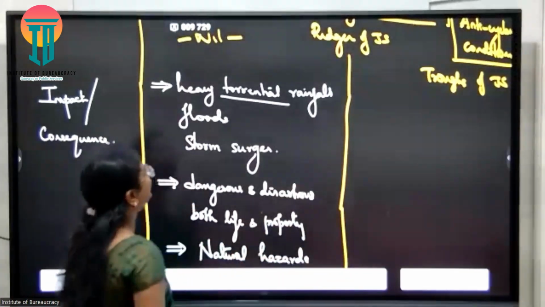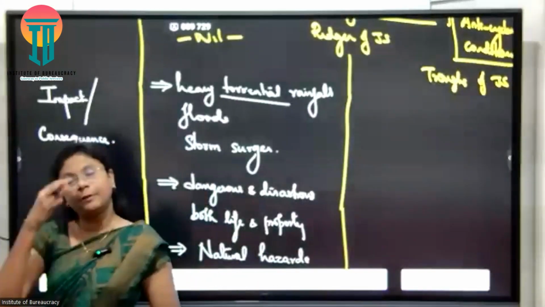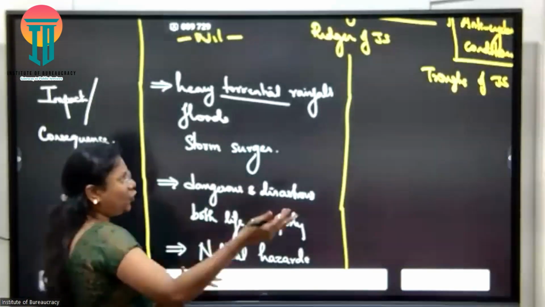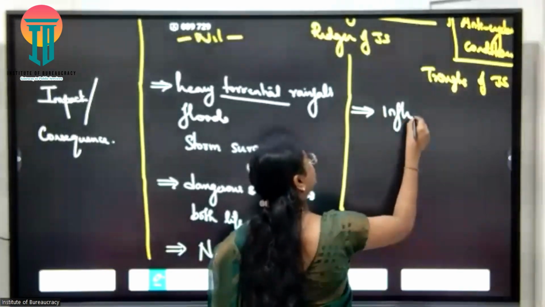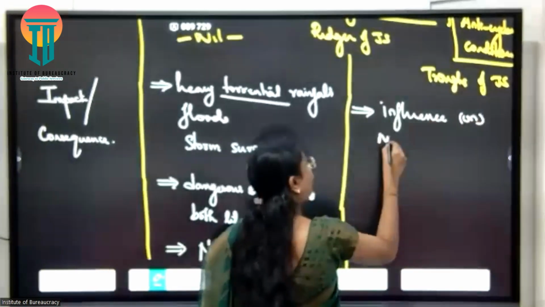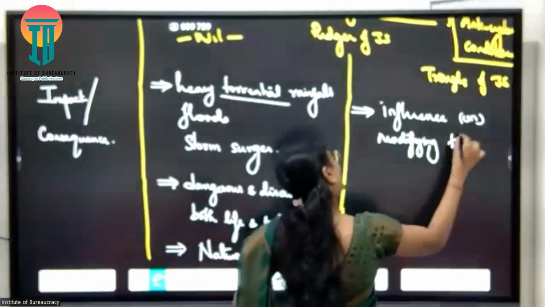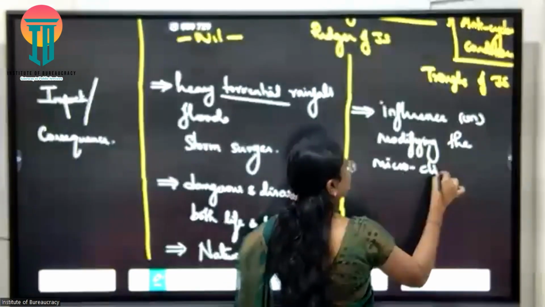What about temperate cyclones? Even though they are so big, there are some temperate cyclones which can completely cover your North American continent. They are so big, but what they will do? They influence or they help in modifying the microclimate of the region.